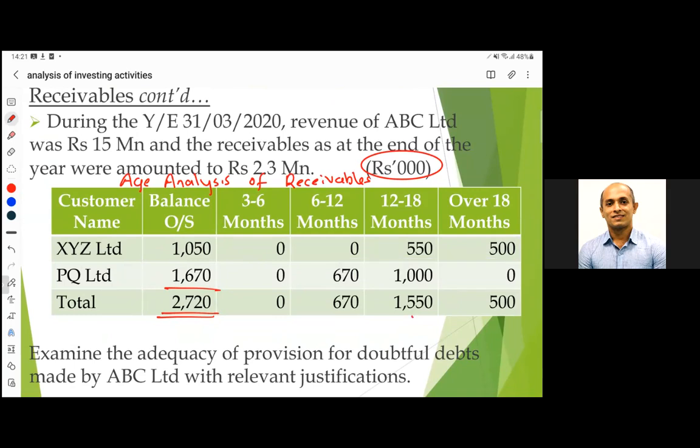So if you look at XYZ, out of 1050 balance, 550 is due over 12 months, and balance 500 is due over 18 months. So this customer has not been paying the company over 12 months.